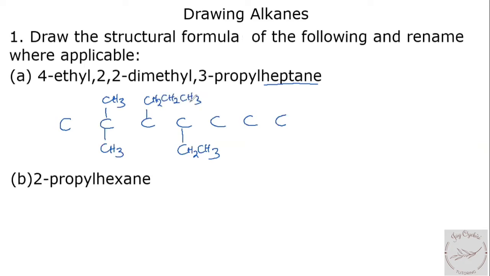Now, after attaching all the substituents, the next thing we need to do is to fill in our hydrogens, making sure that each carbon has 4 bonds complete. Here you have 1 bond, carbon to carbon, remaining 3 bonds. So we fill in 3 hydrogens.